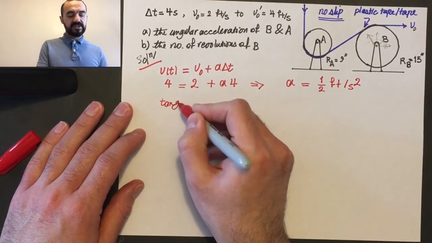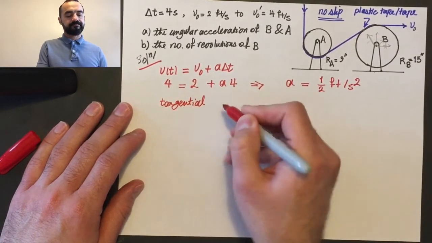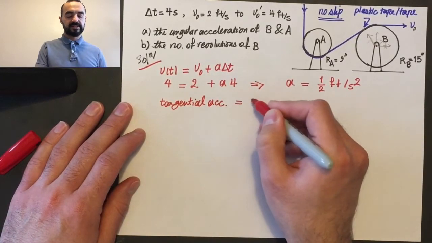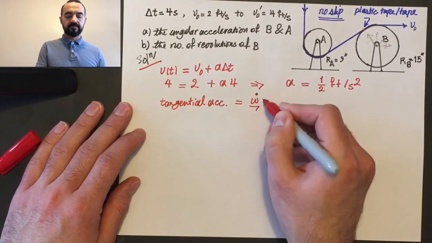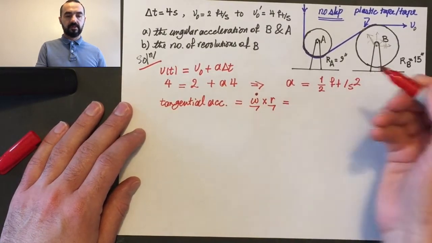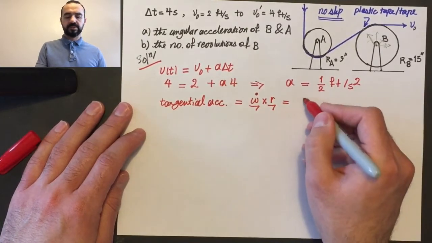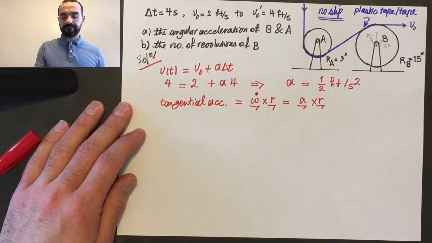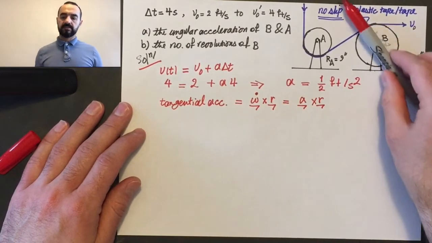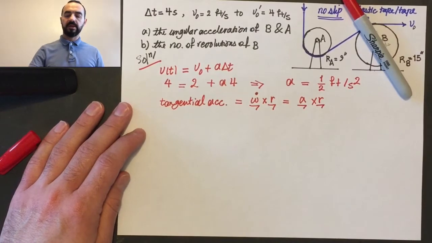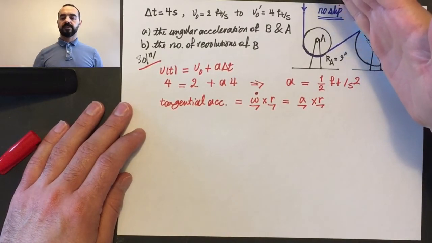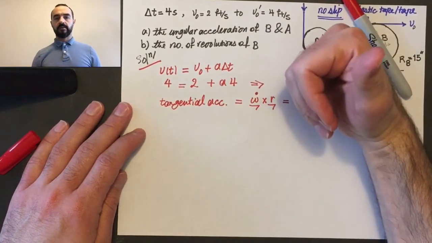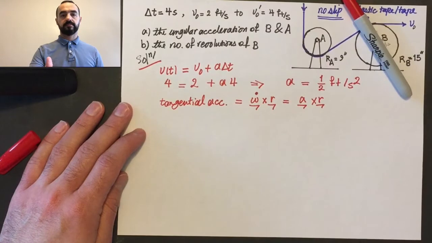If you go back to your notes or watch the other video, the tangential acceleration was omega dot cross r, which we also show as alpha cross r. In this case, this is my r on the plane, in this direction, and my omega or alpha points out.